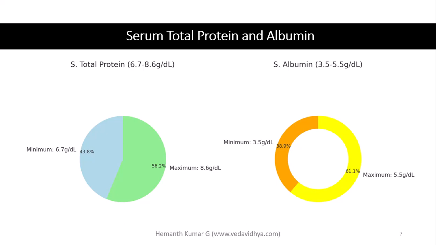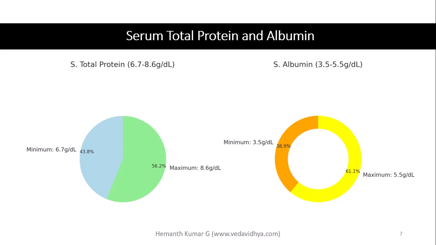Produced exclusively by the liver, albumin helps maintain blood volume as well as blood pressure. How does it do this? By drawing water into the bloodstream. The normal range for serum albumin is between 3.5 to 5.5 grams per deciliter.